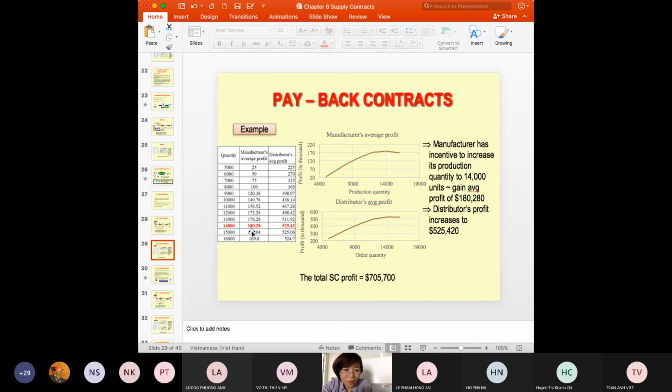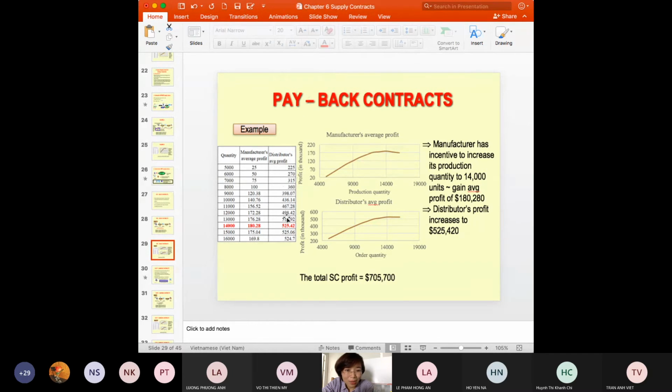And the distributor also increases their profits. So you see that in the previous case, the manufacturer's profits increase and after that decrease after the optimal point. But the distributor's just increase.